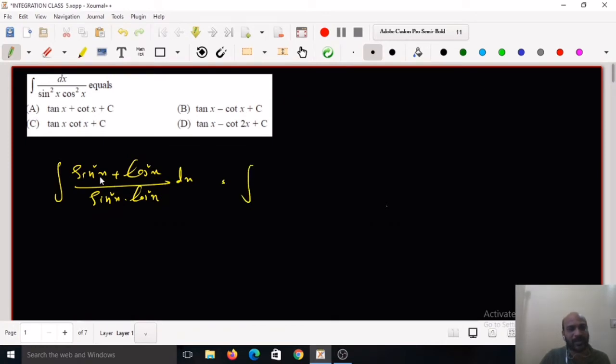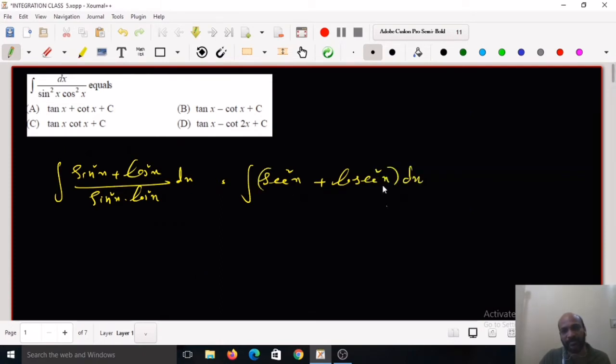What is the first one? Sine square x by sine square x into cos square x, that is 1 by cos square x, and 1 by cos square x is sec square x. And the second one, cos square x by sine square x into cos square x. We can cancel cos square x and we will get 1 by sine square x, and 1 by sine square x is cosec square x dx.